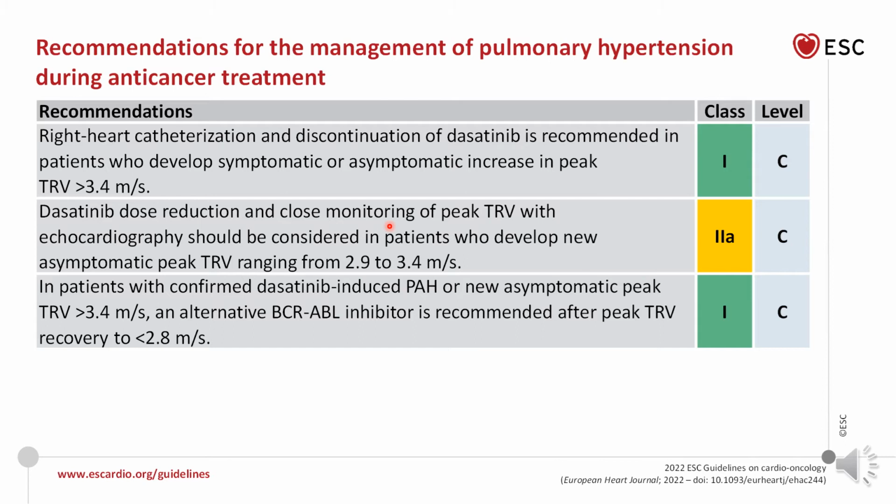Type 4 can occur in patients who develop thromboembolism or pulmonary embolism on some groups of drugs. Type 5 can happen in patients who have blood malignancy, leukemia, lymphoma, etc. So all types of pulmonary hypertension can be seen in a cancer patient.